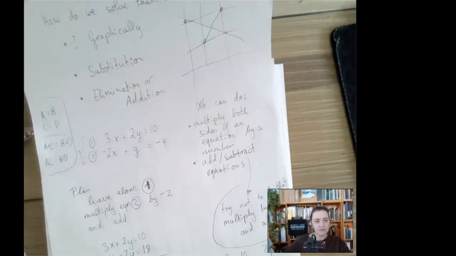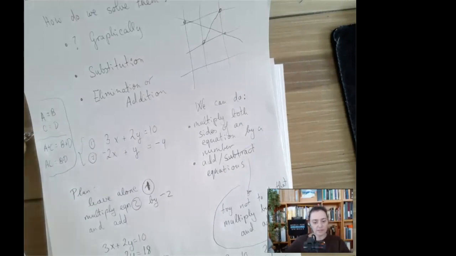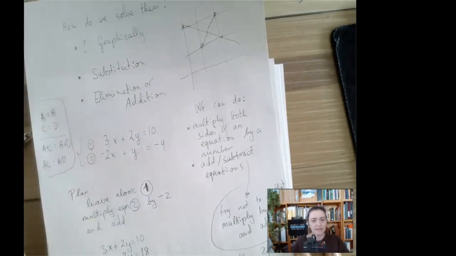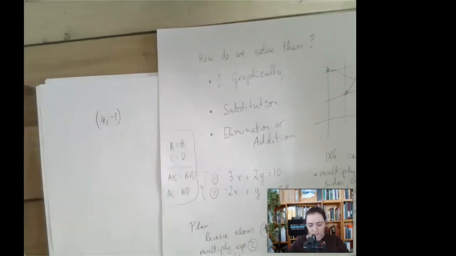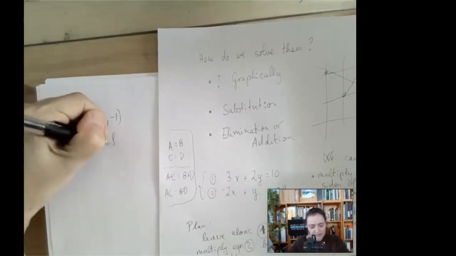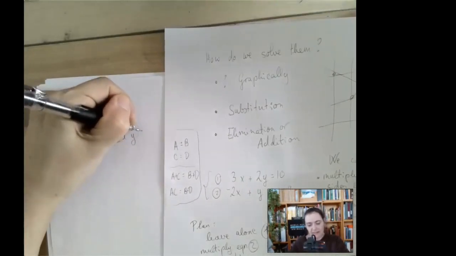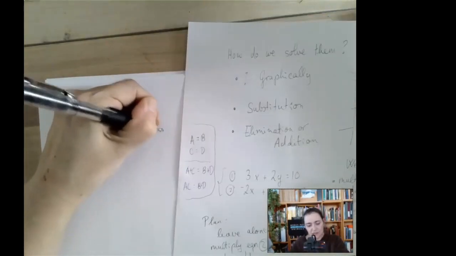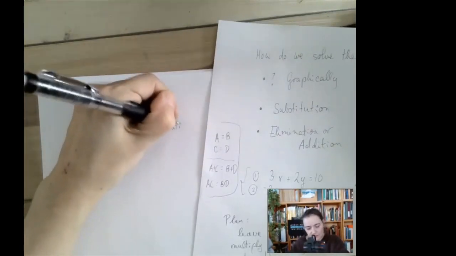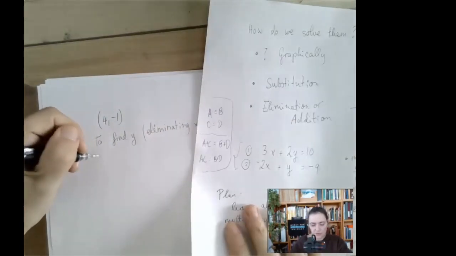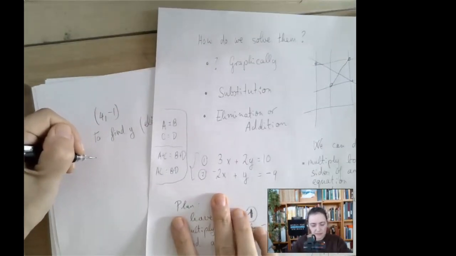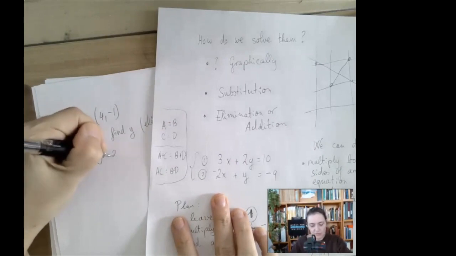And I think this illustrates that there is always, in the worst case scenario, just multiply the two, but they can always be made opposite coefficients. So to find y, eliminating x, just for practice and demonstration, we're going to take the first equation and multiply it by 2.